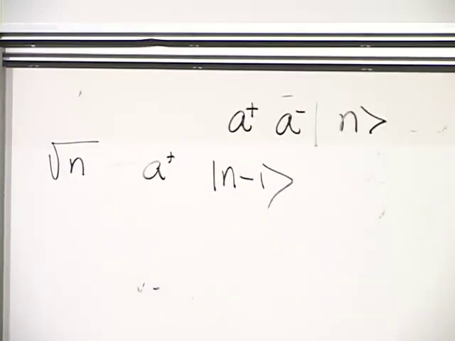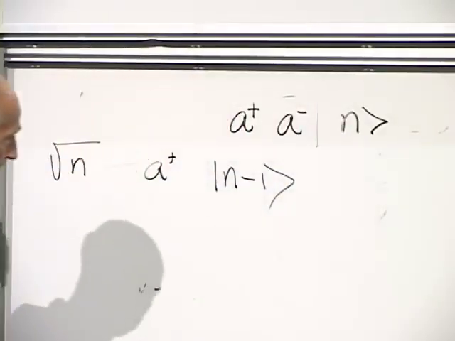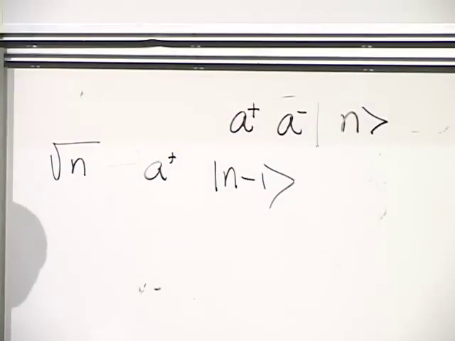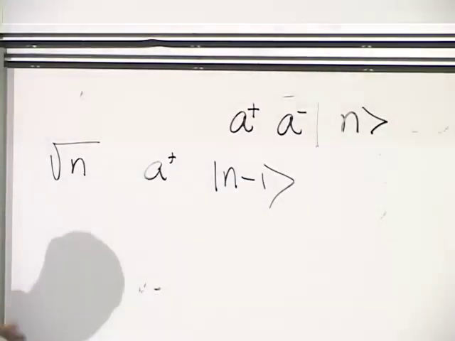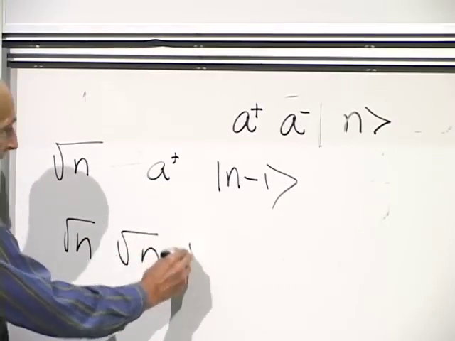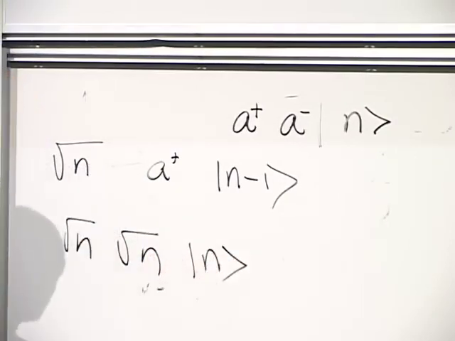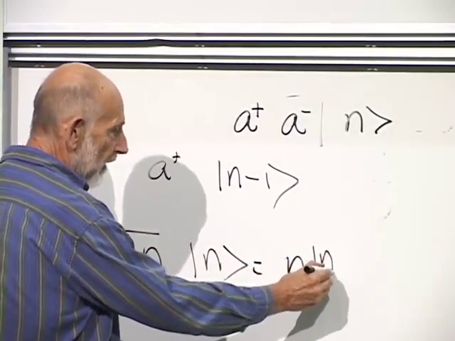If we hit any vector, or any state with a plus, it raises us to the next level up, but multiplies by square root of n plus 1. But what does square root of n plus 1 mean here? It just means square root of n. Since I'm now starting at n minus 1, hitting it with a plus will give me square root of n, another square root of n, and n. Square root of n times square root of n is n. It just gives me the number n times n.